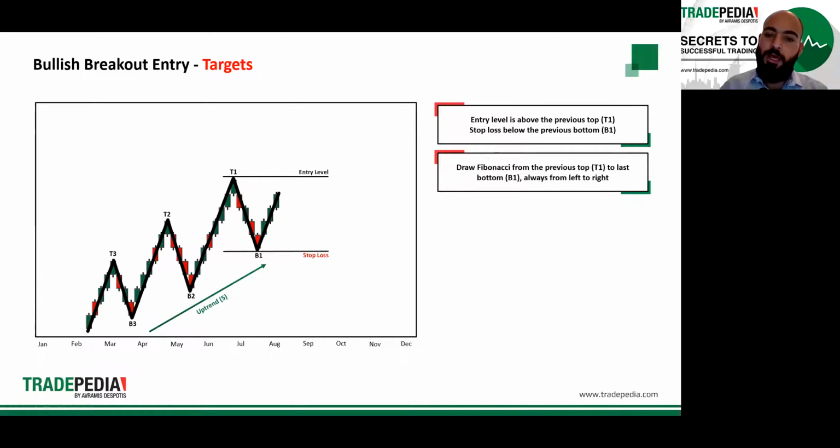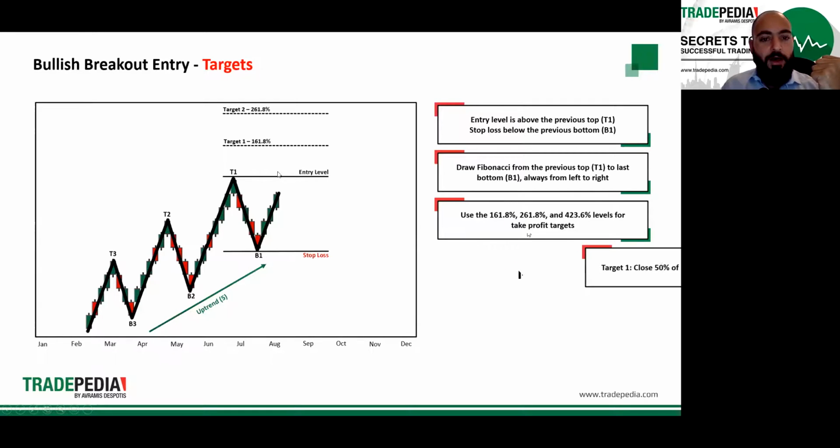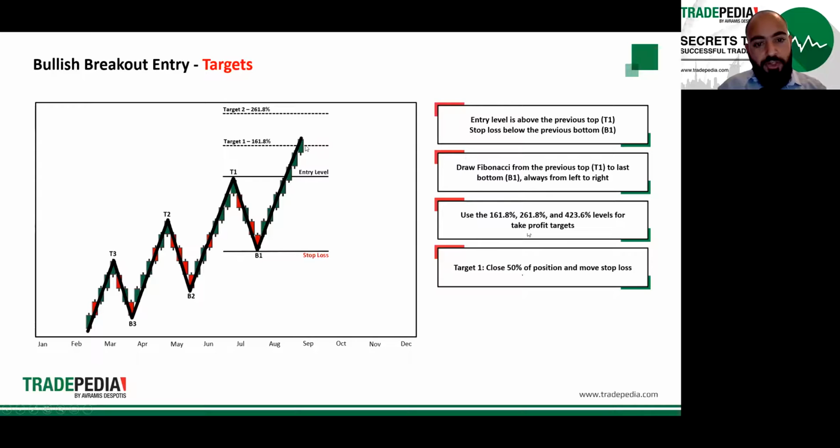We use Fibonacci as well, from left to right downward, from T1 to B1, and we use the 161.8 extension and 261 extension of this move to set our targets. These are the resistance areas we will use to sell some of the positions we bought here. As soon as the price reached target 1, we close 50% of the position.